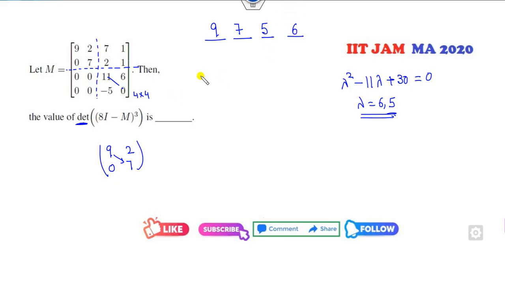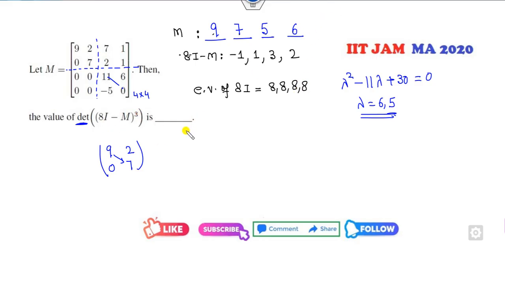Then what remains is you have to find 8I minus M. These are the eigenvalues of M. So what are the eigenvalues of this? 8 minus 9 is -1, 8 minus 7 is 1, 8 minus 5 is 3, 8 minus 6 is 2. Because you all know the eigenvalues of 8I are 8, 8, 8 and 8.